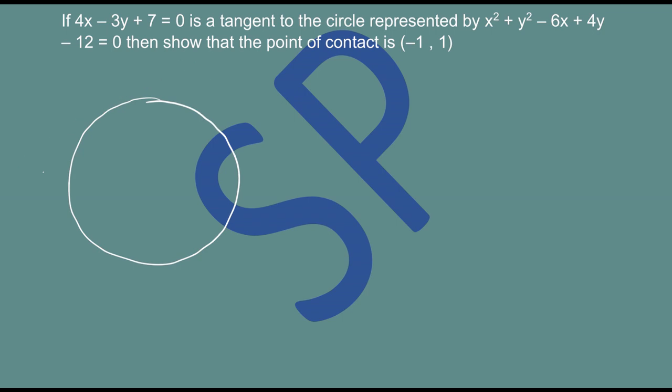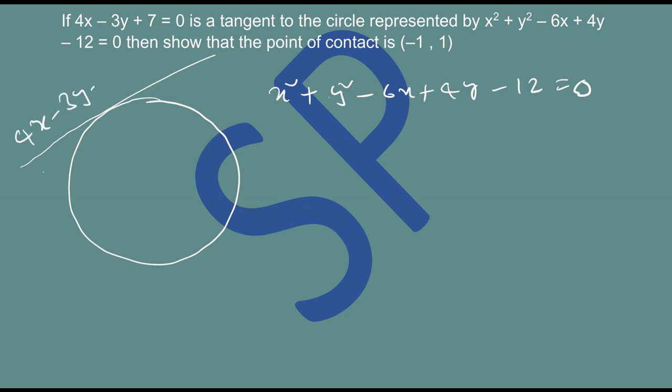I mean, it is given that the line is touching the circle. Equation to the circle, you can see it is x square plus y square minus 6x plus 4y minus 12 equal to 0. And the line equation is 4x minus 3y plus 7 equal to 0. Now, we have to find the point of contact.